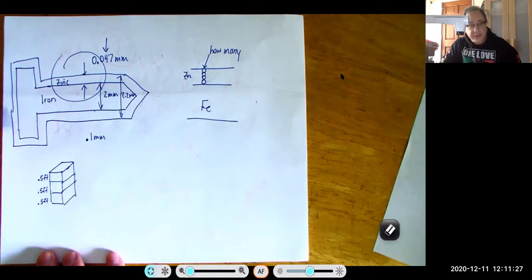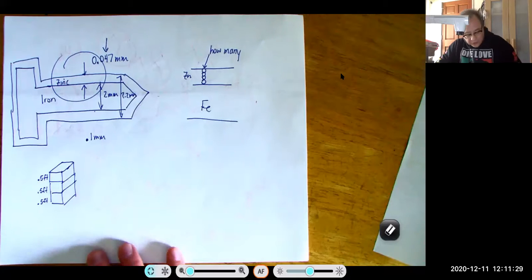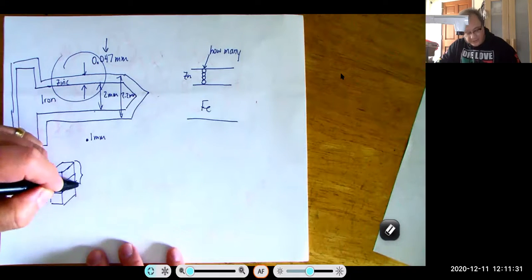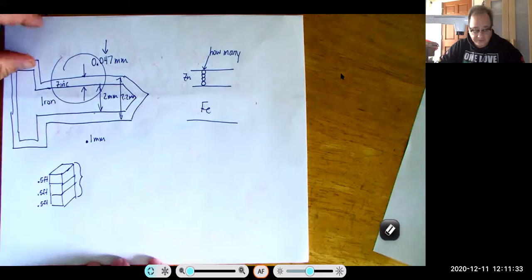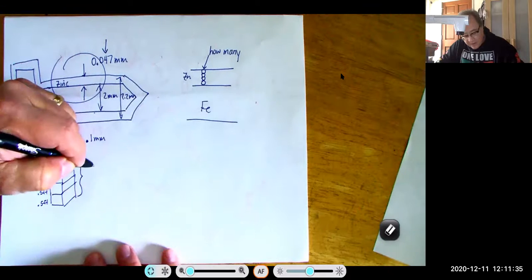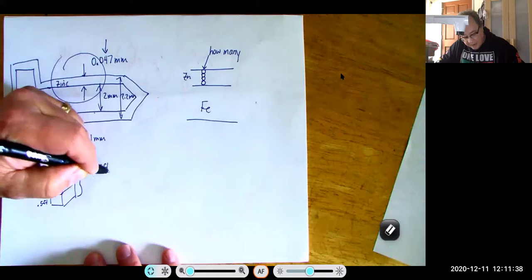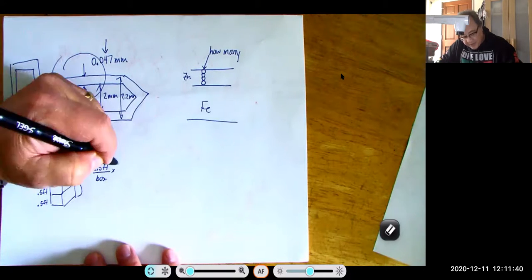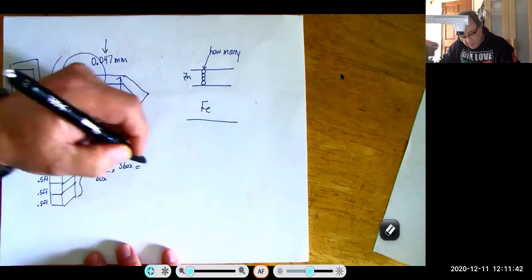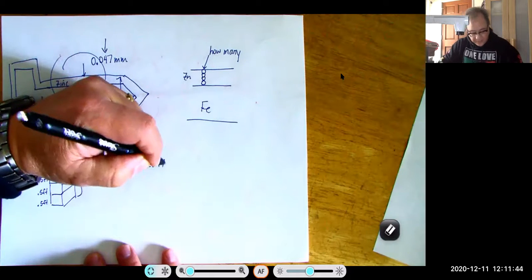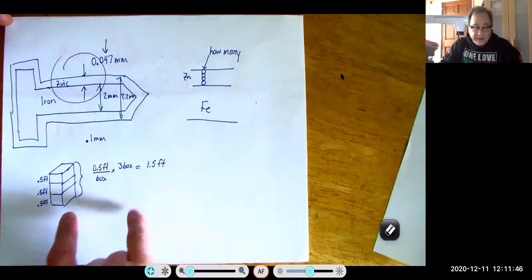And here I have 3 shoe boxes. So what's the total height if we were to make a calculation? Well, it would be 0.5 feet per box times 3 boxes, which would be 1.5 feet. So you can follow this very easily, correct?